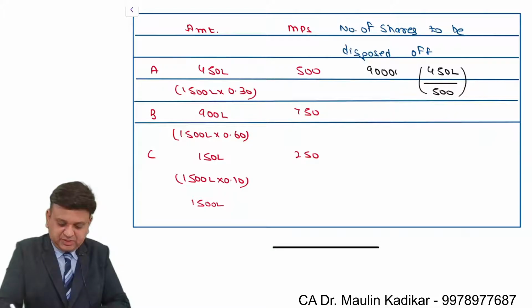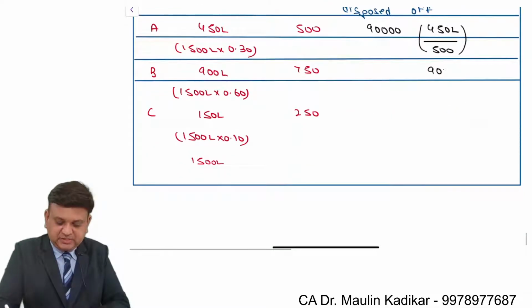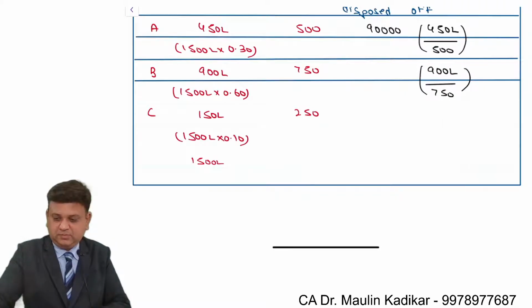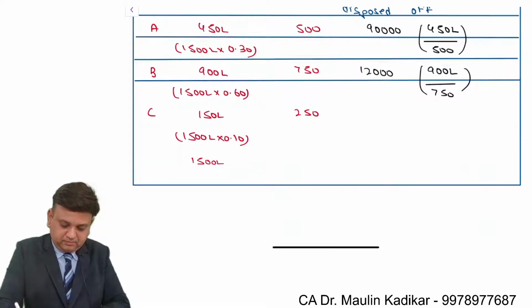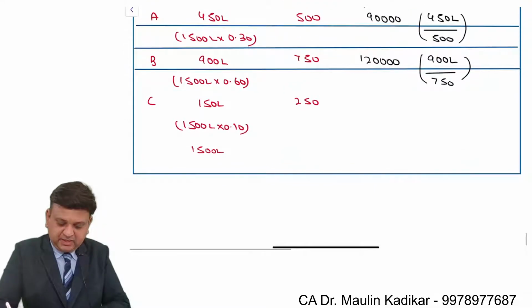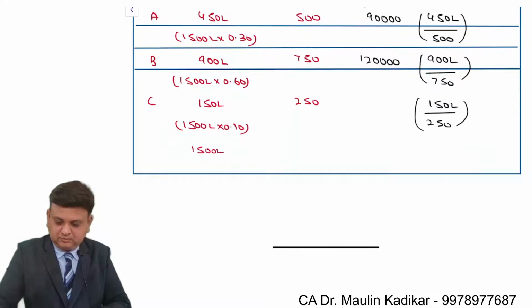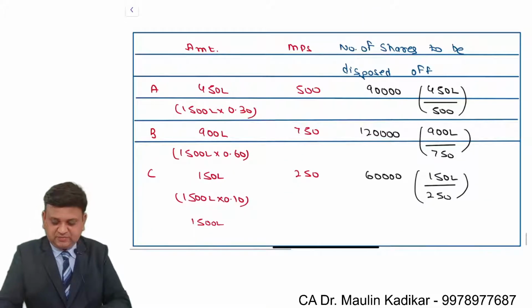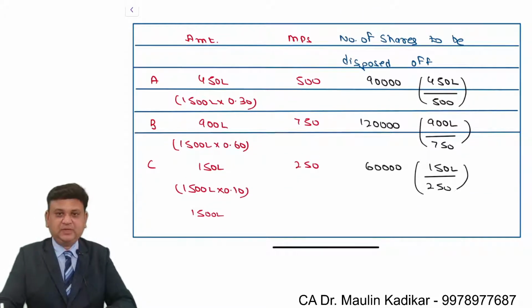That comes to 90,000 shares. Then it is 900 lakhs divided by 750. That comes to 1,20,000. Then it is 150 lakhs divided by 250. So that comes to 60,000. So this is the way the number of shares to be disposed of can be calculated.